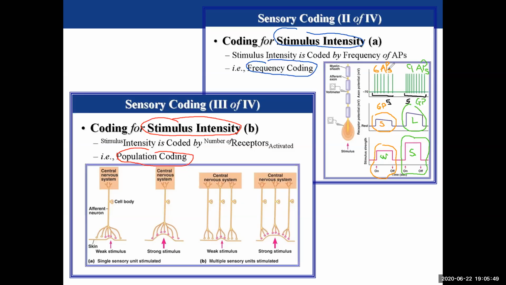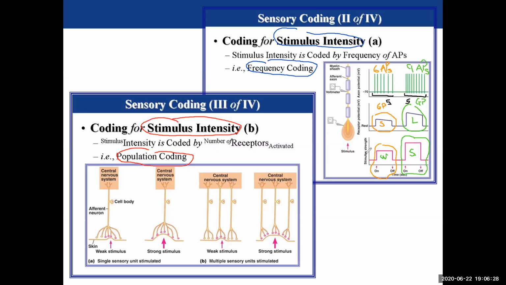So 6 action potentials per 5 seconds or per second, and 9 action potentials per 5 seconds or per second. So it has to be the same duration, yet the number of action potentials being generated has increased due to the stronger stimulus, producing a larger graded potential, leading to an increased number of action potentials generated by the trigger zone and propagated down these nodes of Ranvier. And so that we learned already.